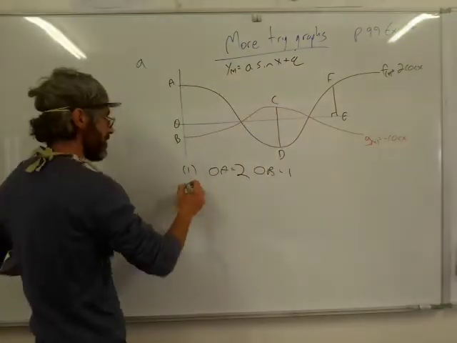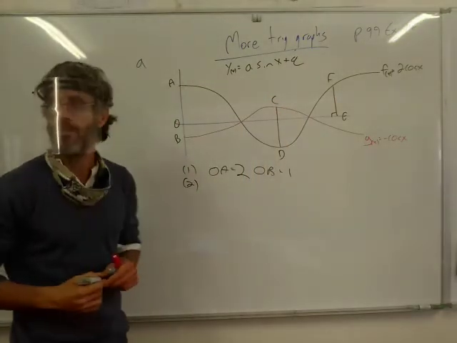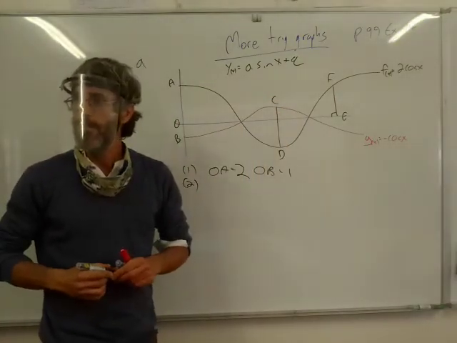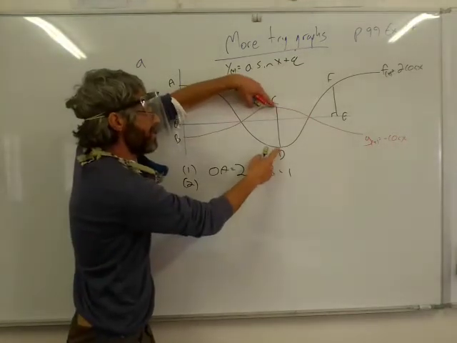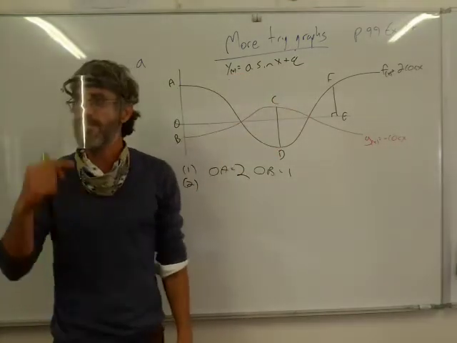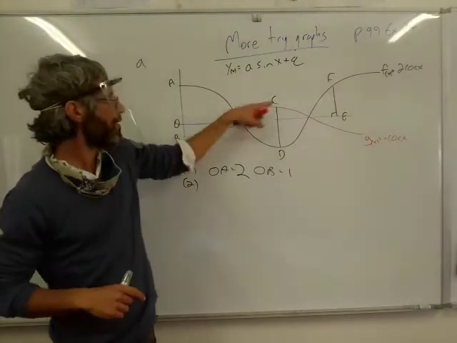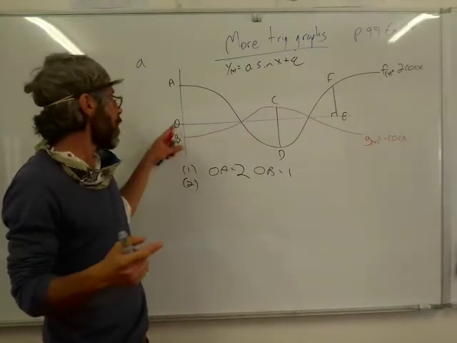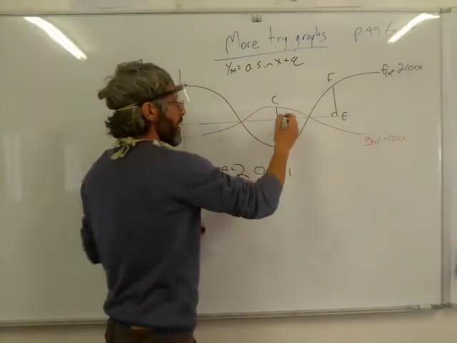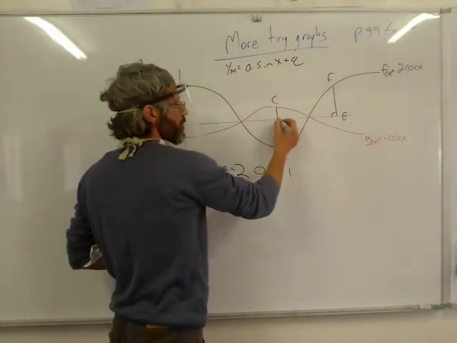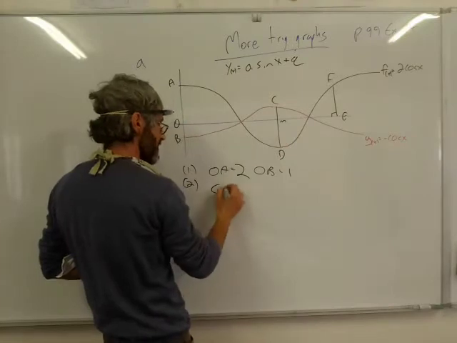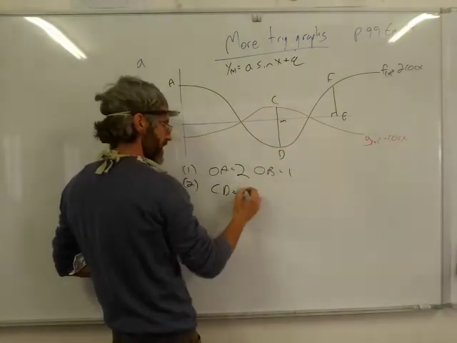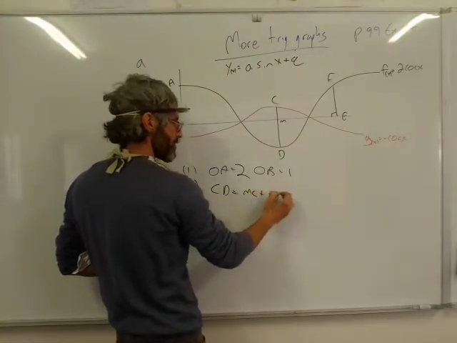Determine the length of CD. Now that appears to be a little bit different. How are we going to find the distance between the peak and the trough? We can call the point in the middle M. So we want to find CD, which is MC plus MD.